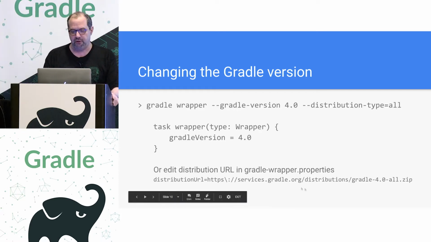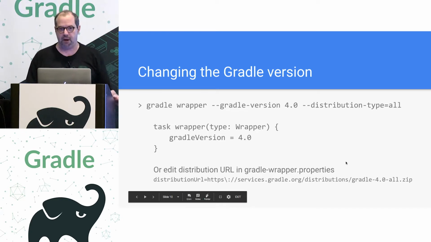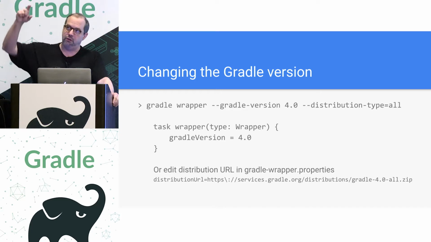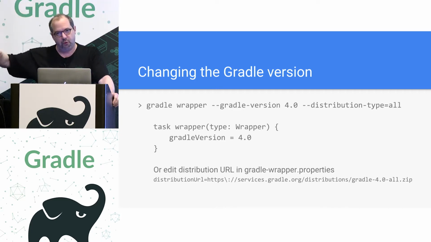The third option is to go directly into gradle-wrapper.properties and edit the distribution URL string. That'll work also, and then the next time you run Gradle, it will download and install, underneath your home directory .gradle folder, there's a nested distributions folder in there that'll download that version of Gradle.